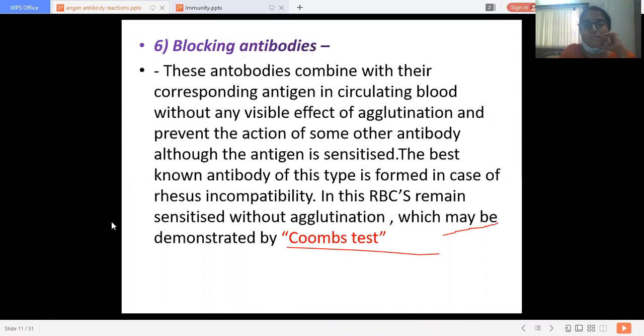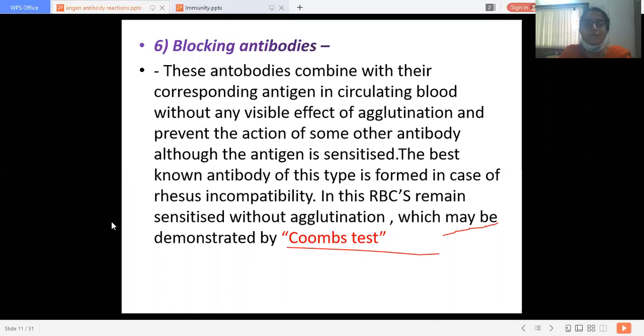These antibodies combine with their corresponding antigen in circulating blood without any visible effect like agglutination or precipitation, and prevent the action of some other antibody, although the antigen is sensitized.